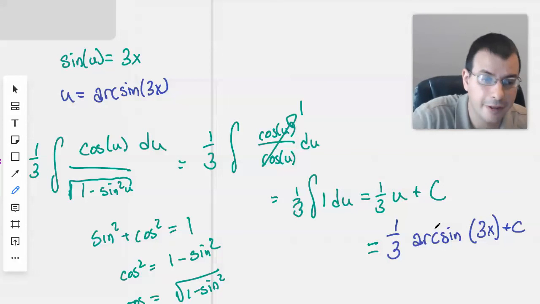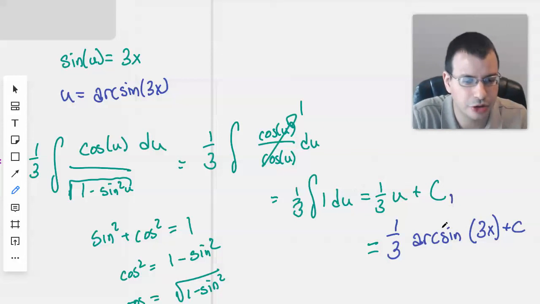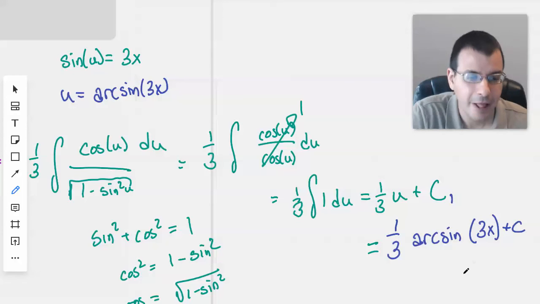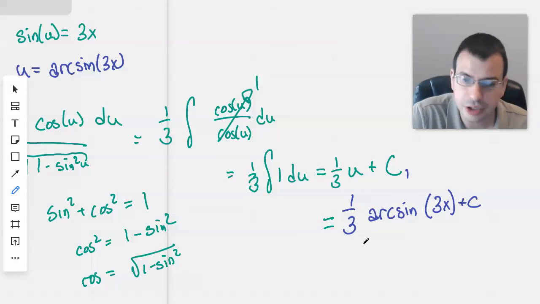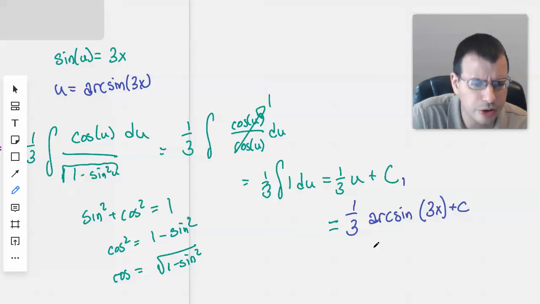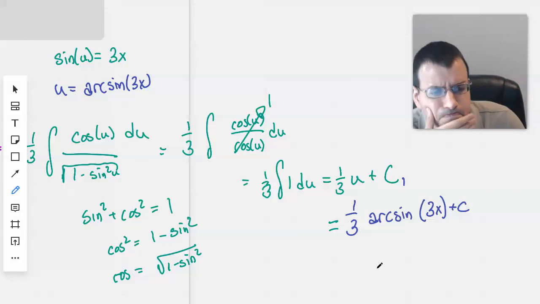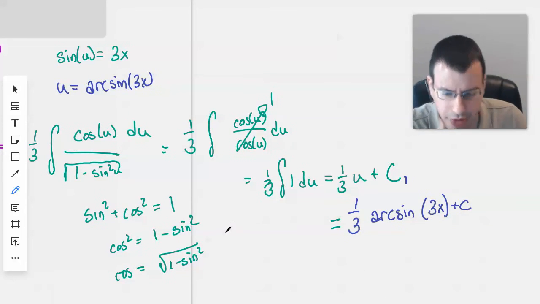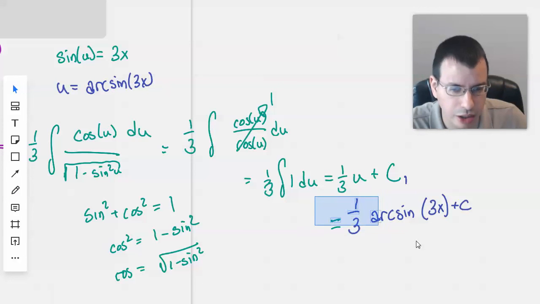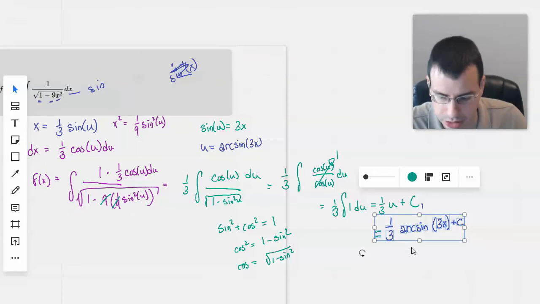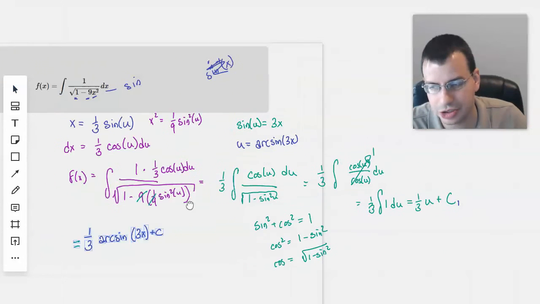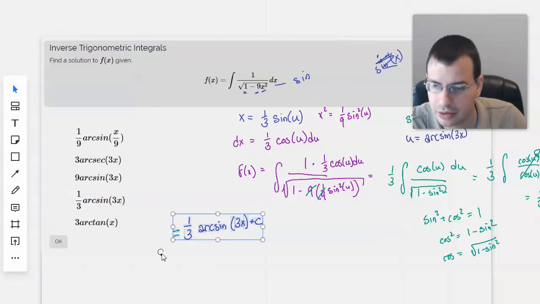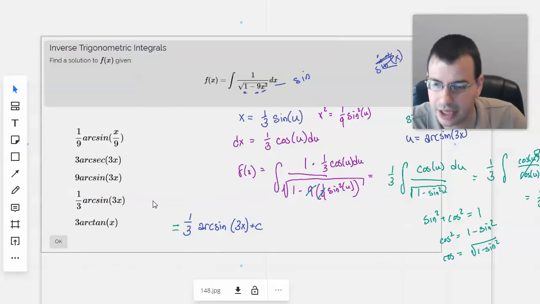I'll call this C1. So 1/3 arcsine 3x. Is that true? That seems true. That might actually be the whole thing here. I'm just going to move it over and see if this is a possible answer.